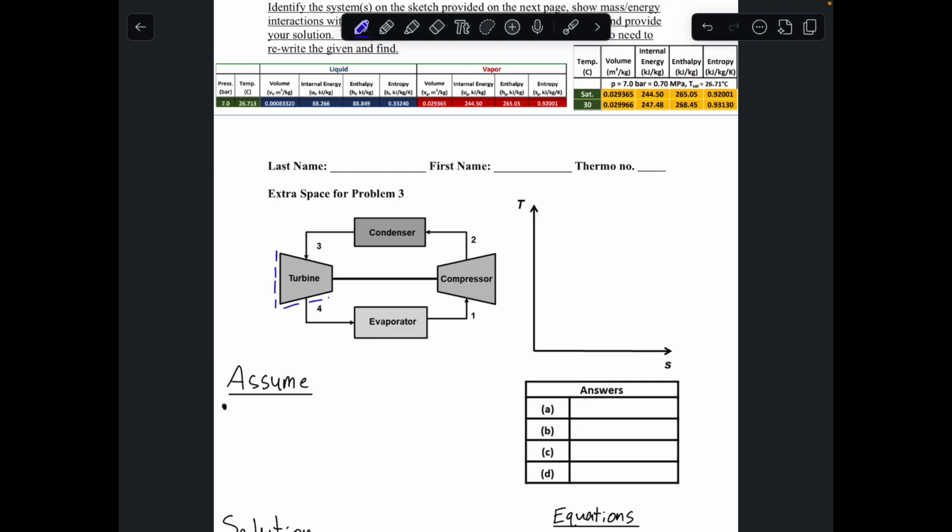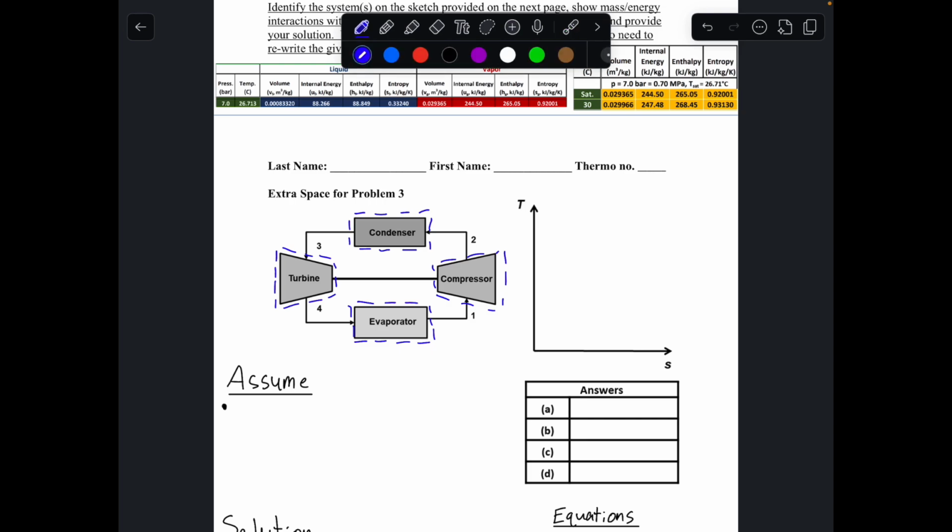So I will draw a boundary around the turbine, around the evaporator, around the compressor, and around the condenser. Because we're basically just going to treat each of them like their own control volume and apply our fundamental laws across these devices on their own. Then we can put that information together to look at the cycle as a whole.